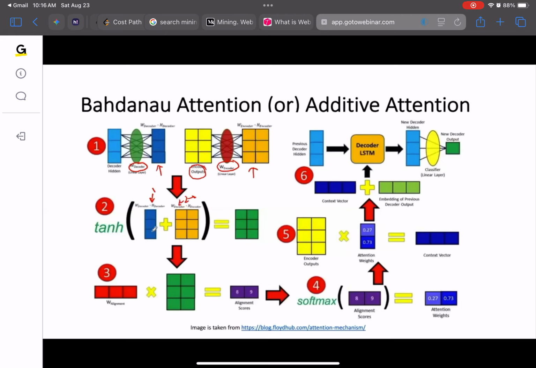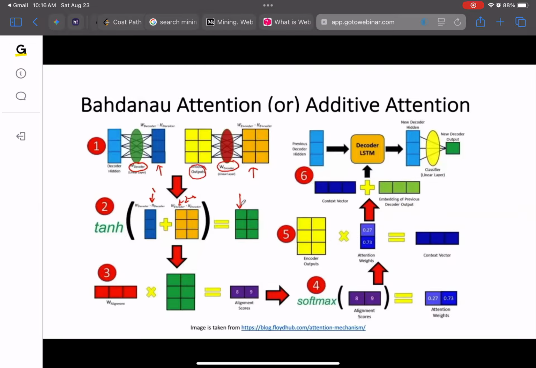Similarly, we add this vector to the next column, and we generate a new column. This is done column-wise. It is a broadcast addition, not the typical addition that we see. Once we do that, we have a representation that is a combination of both the encoder hidden vector and the decoder hidden vector.